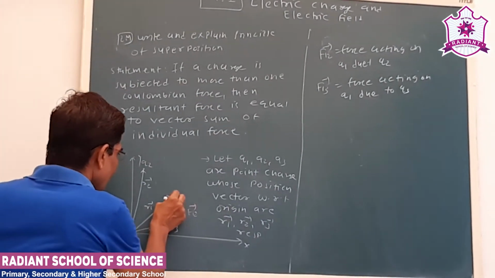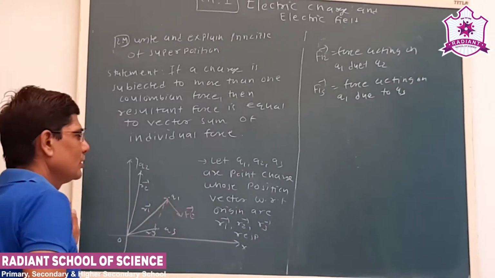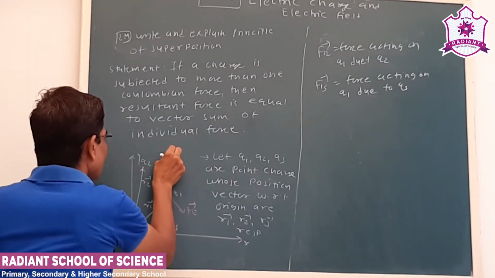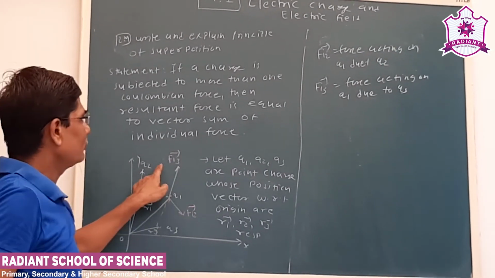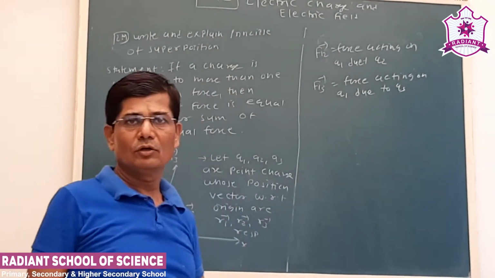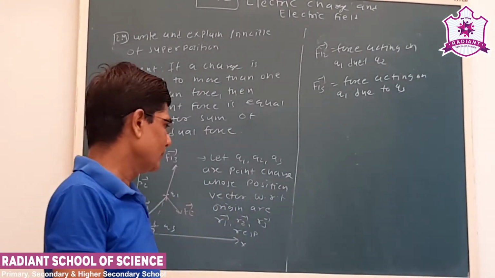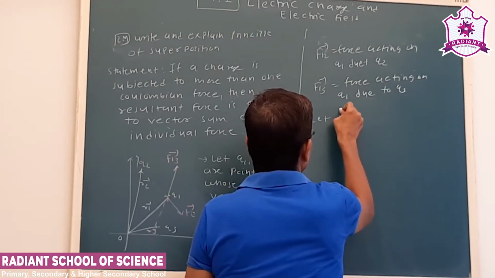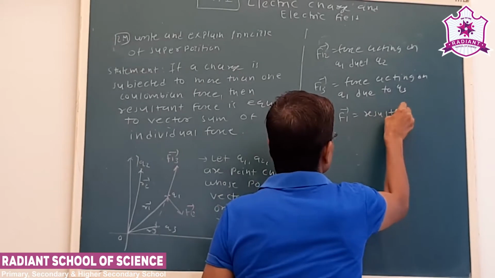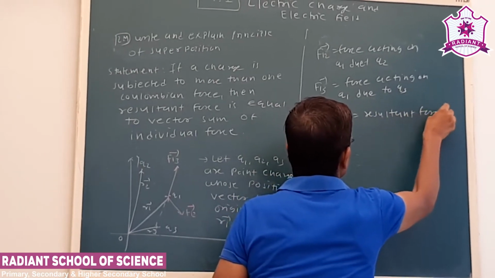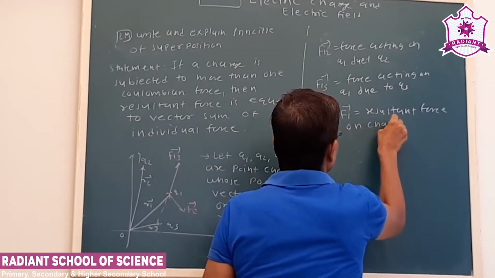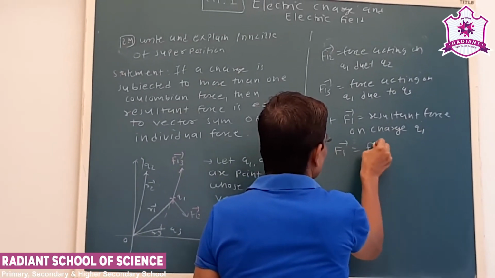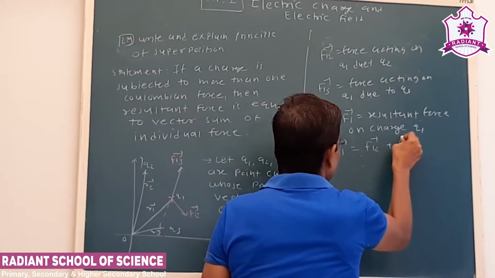Similarly, F13, again like charges, is the force acting on Q1 due to Q3. Now let F1 be the resultant force on charge Q1. So we can write F1 is F12 plus F13.